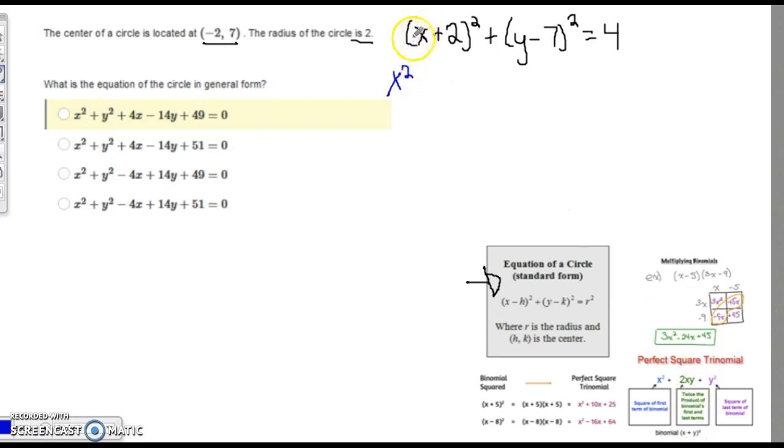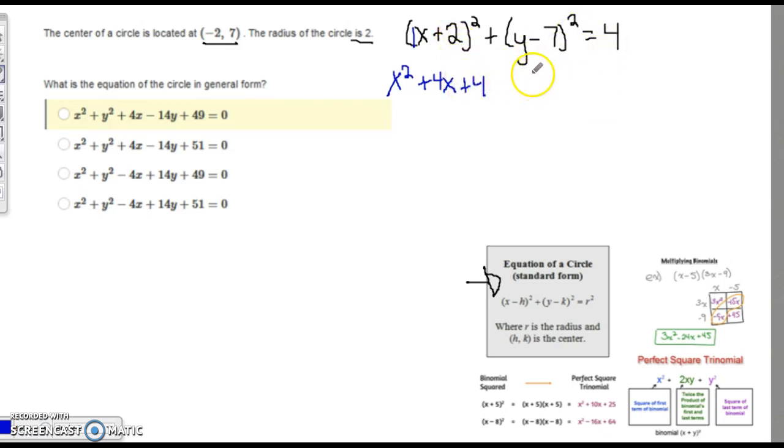So if I look here, my first term is a 1, my last term is a 2. We're always going to have a 1 here, so you could do 1 times 2, but then you want to do twice that. So 2 times 2 is 4. So this middle term would be a 4x. And then for the last term, you want to square the last one. So 2 squared is 4.